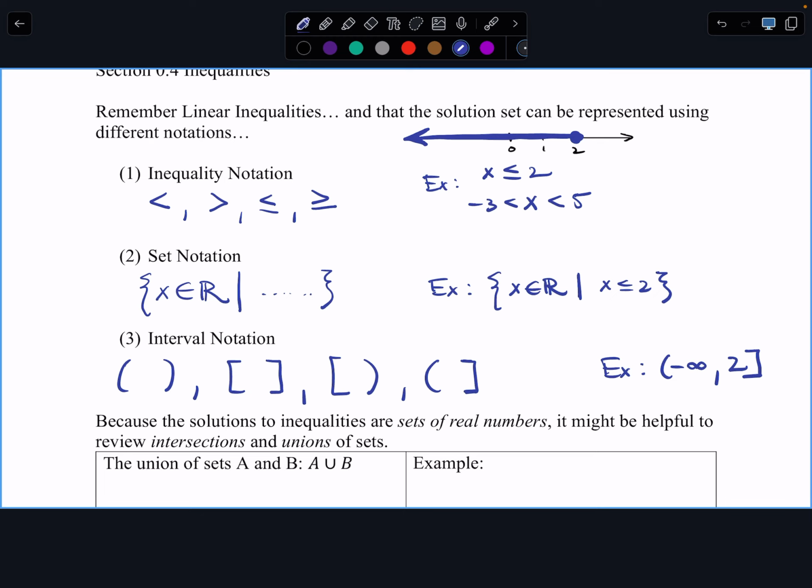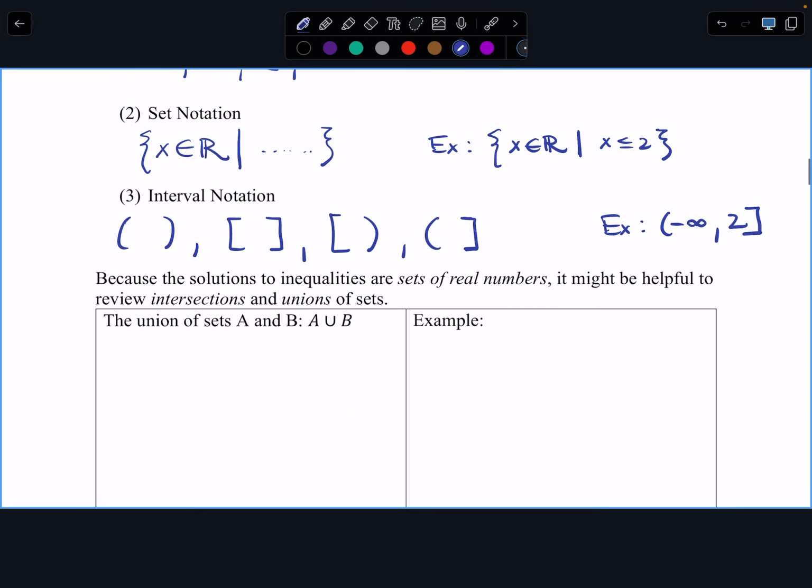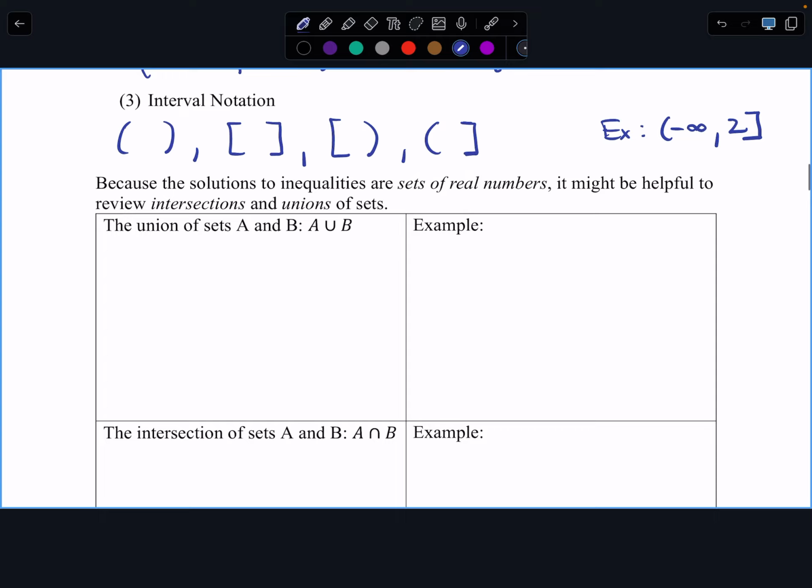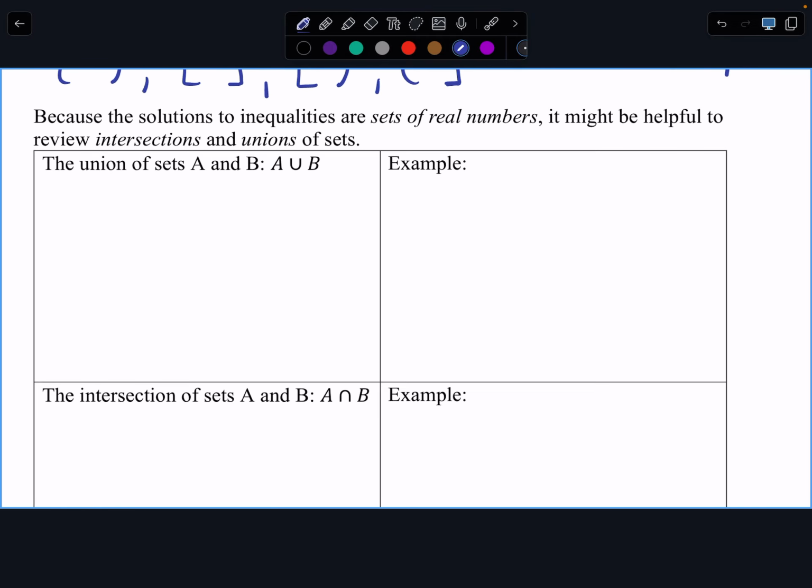And this is a very brief overview before we get into actually solving inequalities, just to go over how you should be representing your solution sets. Because the solutions to inequalities are sets of real numbers, it might be helpful to review intersections and unions of sets.